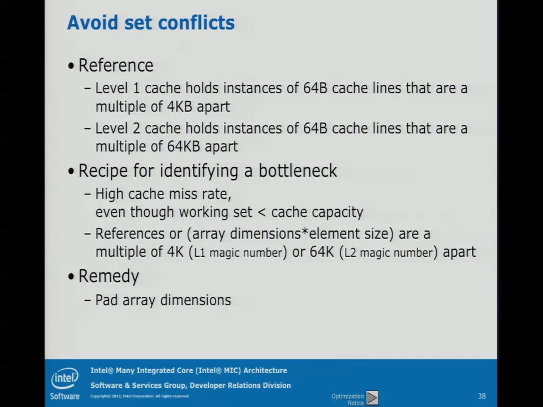Okay, so what happens is the following. You got main memory, and the cache line size is 64 bytes. So the main memory is basically divided into 64 byte chunks, and those chunks are assigned to cache lines, or into a set in the cache if it's associative.